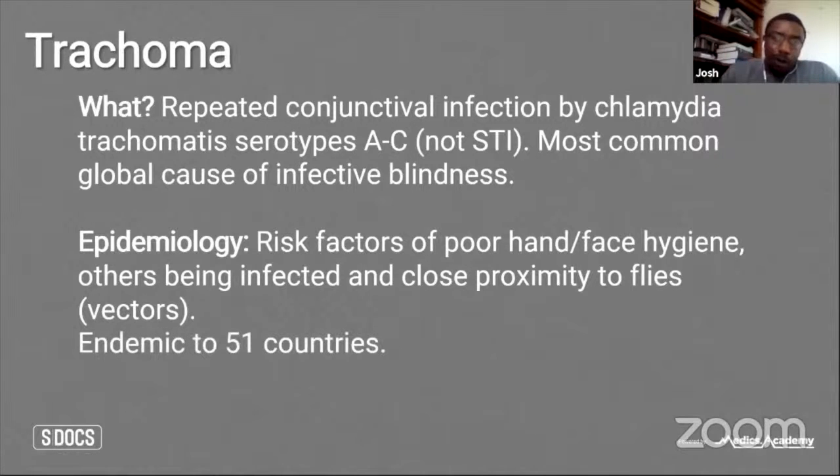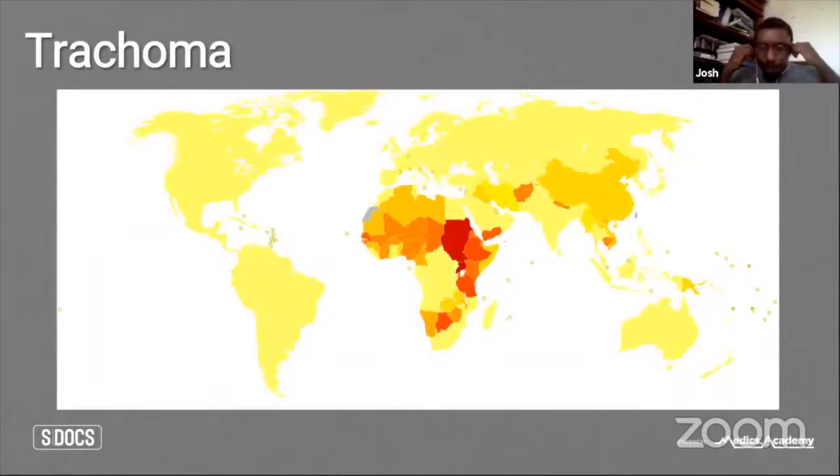So again, quite widespread, but not something that you necessarily see in the UK. This map again is showing prevalence of trachoma worldwide. You can see it's mainly affecting sub-Saharan Africa and North Africa as well, and some other countries dotted around the world. So lots of countries are affected, but again, not the traditionally high-income countries.